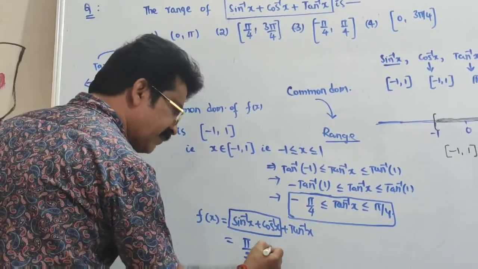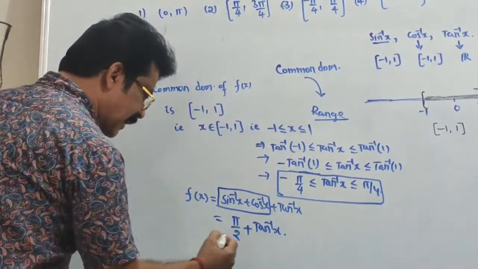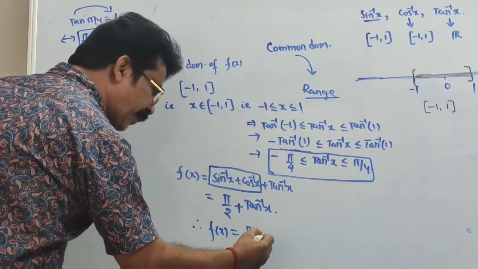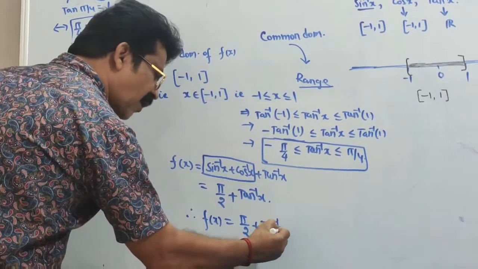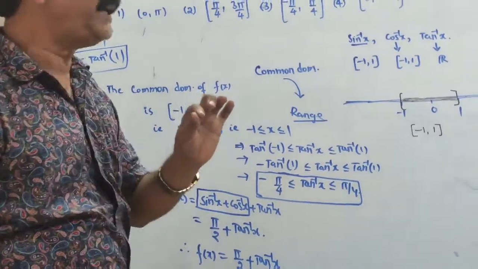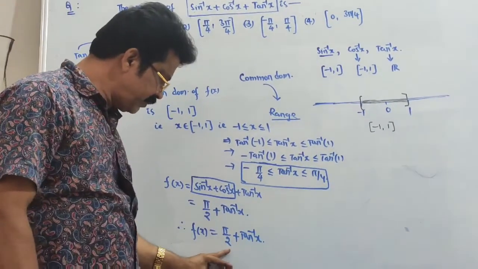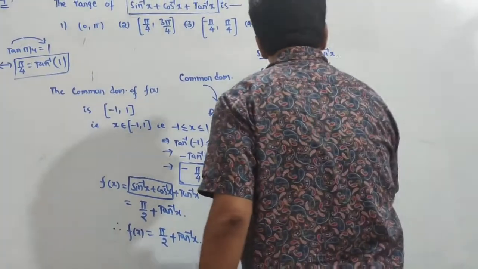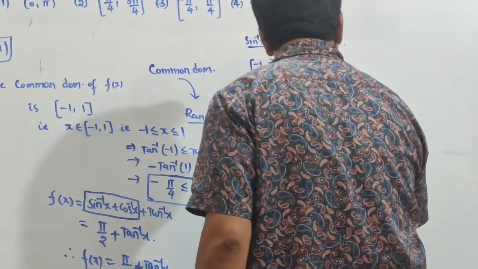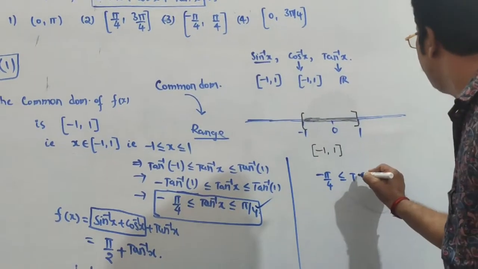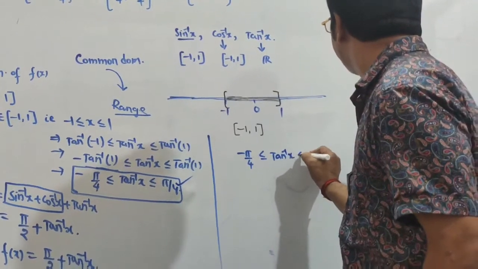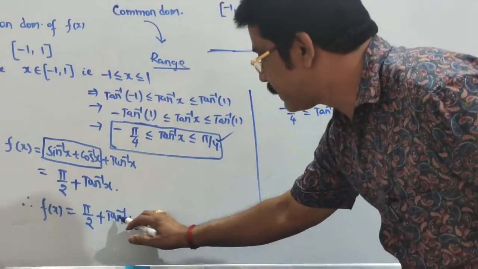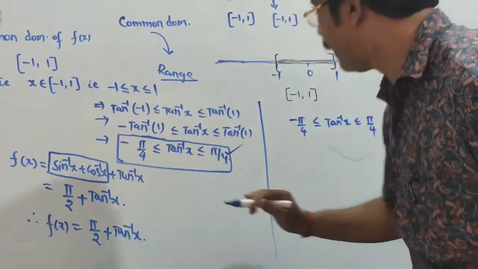Therefore, simply f of x is equal to pi/2 plus tan inverse of x. Now we have to find the range of pi/2 plus tan inverse x. So already we derived here minus pi/4 less than or equal to tan inverse x less than or equal to plus pi/4. So for getting pi/2 plus tan inverse x equal to f of x, we are adding pi/2 throughout the inequation.